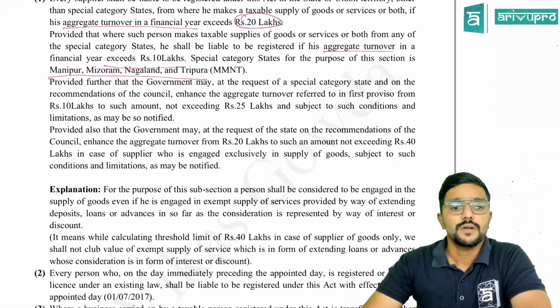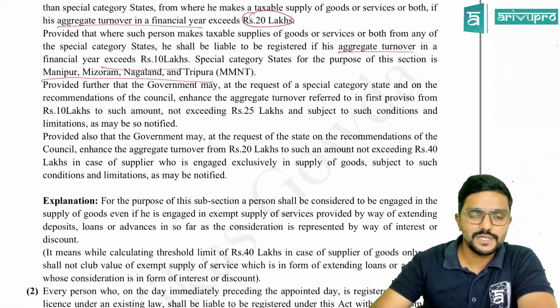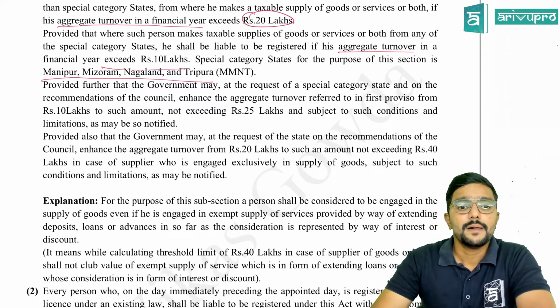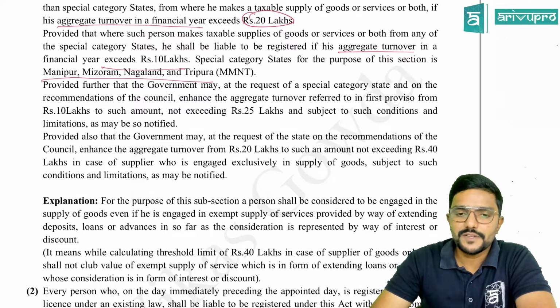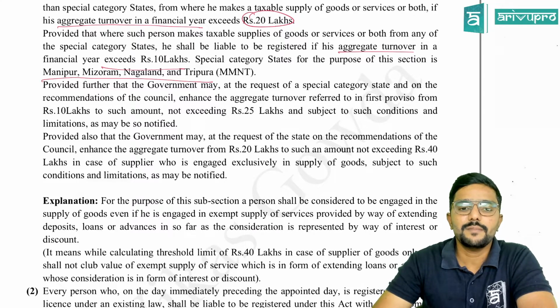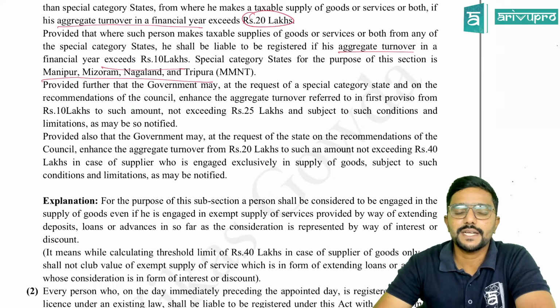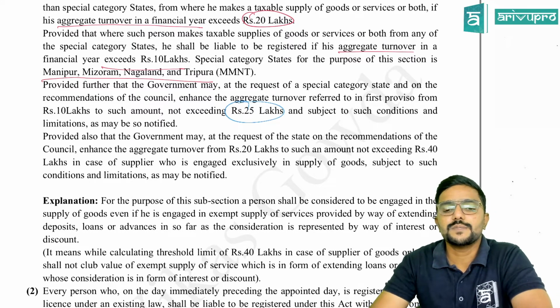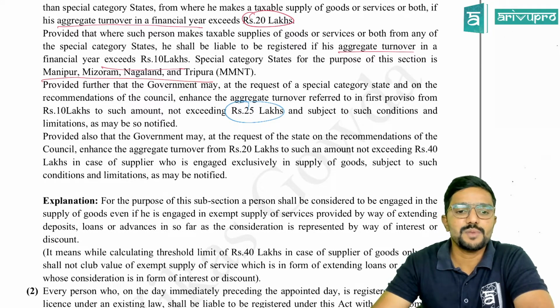Now, provided further that, this is the second proviso. Provided further that the government may, at the request of a special category state and on the recommendation of the council, enhance the aggregate turnover referred to in the first proviso from 10 lakh to such amount not exceeding 25 lakhs and subject to such conditions and limitations as may be notified.